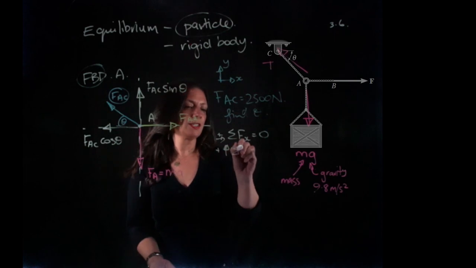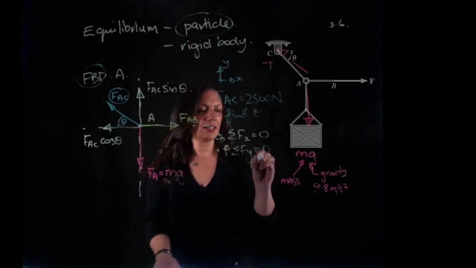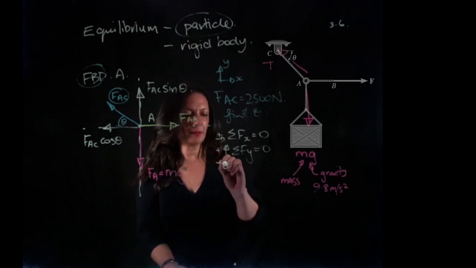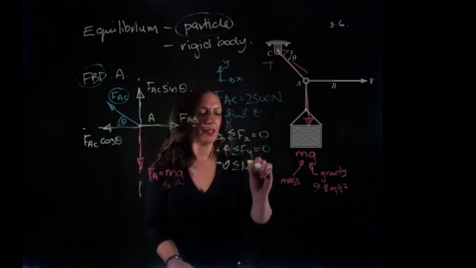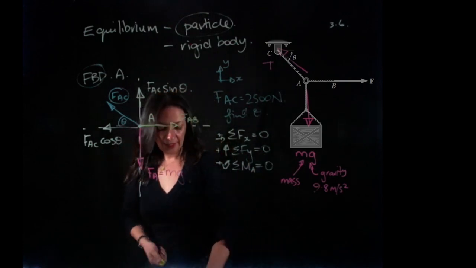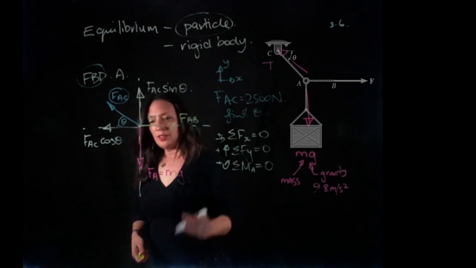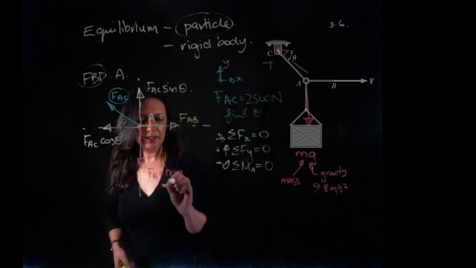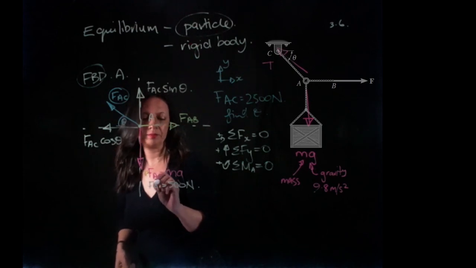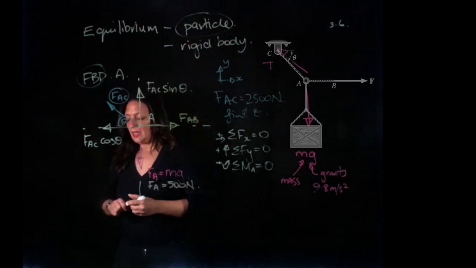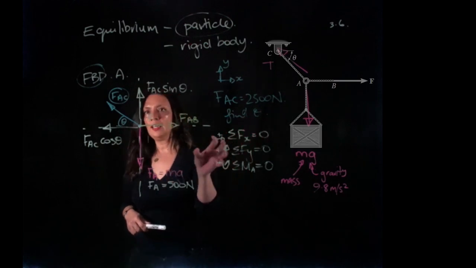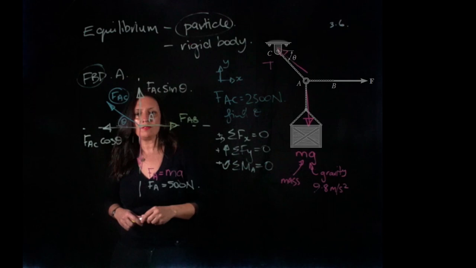Sum of the forces in the y direction has to equal 0. And sum of our moments around a point has to equal 0. We know that this is also 500 newtons, they told us in the question, FA. If I summate all my forces in the x and all my forces in the y, I should be able to find some of my unknowns.